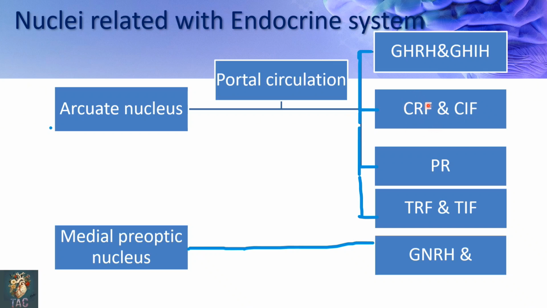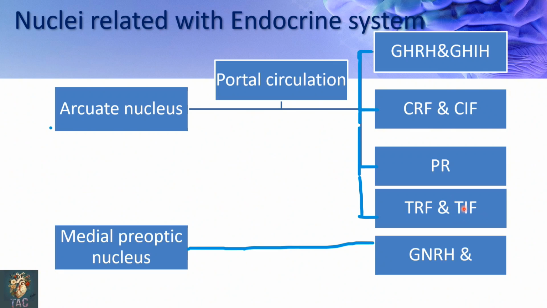So corticotropin releasing factor stimulates the corticotrophs which are present in the anterior pituitary and causes release of the corticotropic hormone, that is ACTH. Then again it releases the prolactin releasing factor, which causes release of prolactin. Then the arcuate nucleus also secretes thyrotropin releasing factor and thyrotropin inhibitory factor.